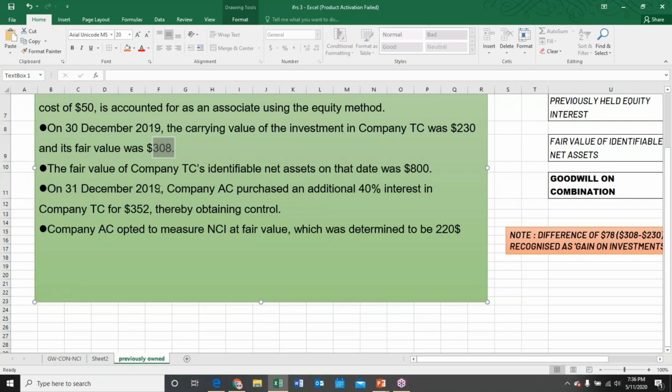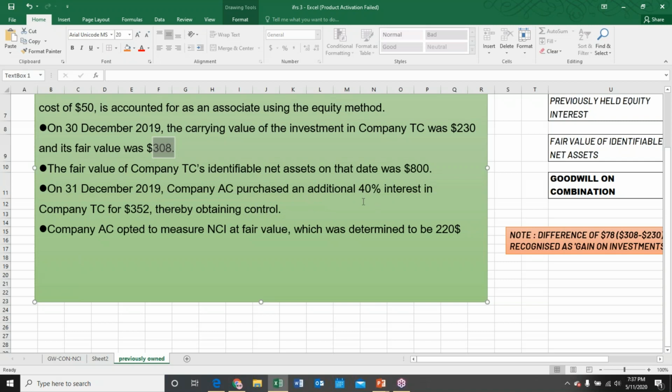On 31st of December 2019, company AC purchases an additional 40% interest in company TC, and the fair value of that amount was $352, and hence it has obtained control.